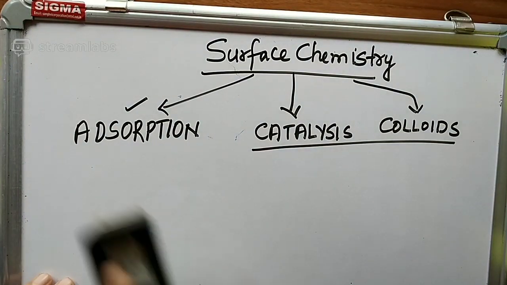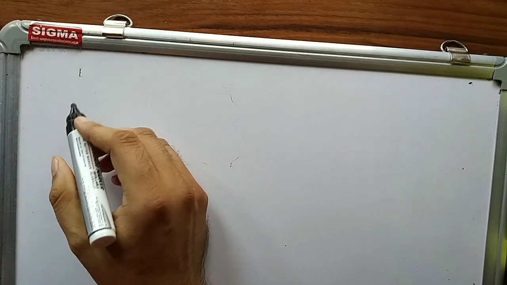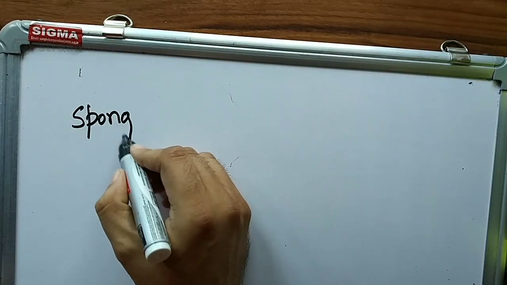Now, first we shall see what is adsorption. So I'll teach you this concept with some examples, so you can look into those examples and understand the concept of adsorption. Let us say that we have a sponge.